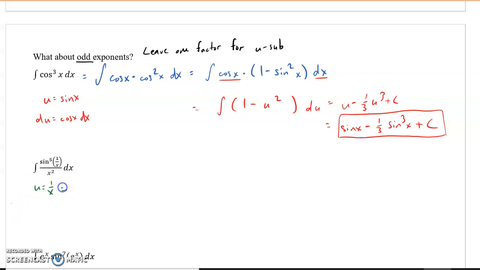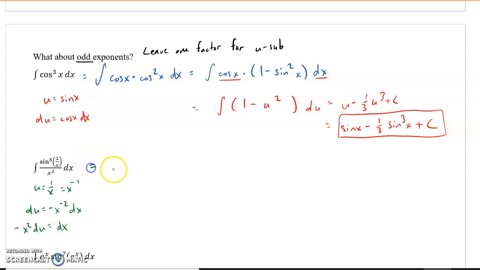That means that du equals negative x to the negative 2 dx. Or, I guess we'll go ahead and solve for dx on this one. Negative x squared du equals dx.